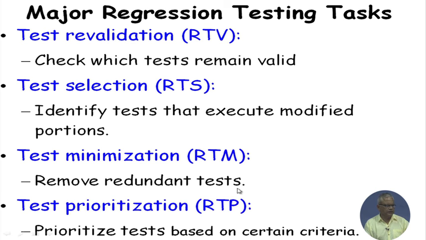And we might also do regression test prioritization. Out of the regression test cases that have been selected, we might prioritize them into 1, 2, 3, 4, with the highest priority given to those regression tests which have the maximum probability of detecting errors. Why do we need to prioritize?